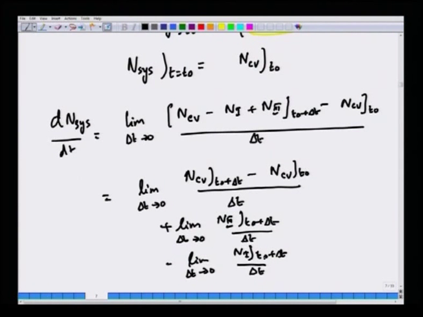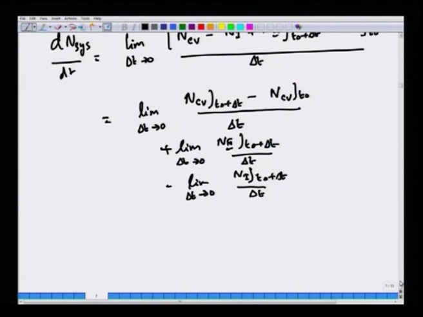These are the various terms expanded out from the basic definition of the rate of change of a property present in a system. So what are the various terms? What is the first term, N CV at t0 plus delta t minus N CV at t0, divided by delta t?